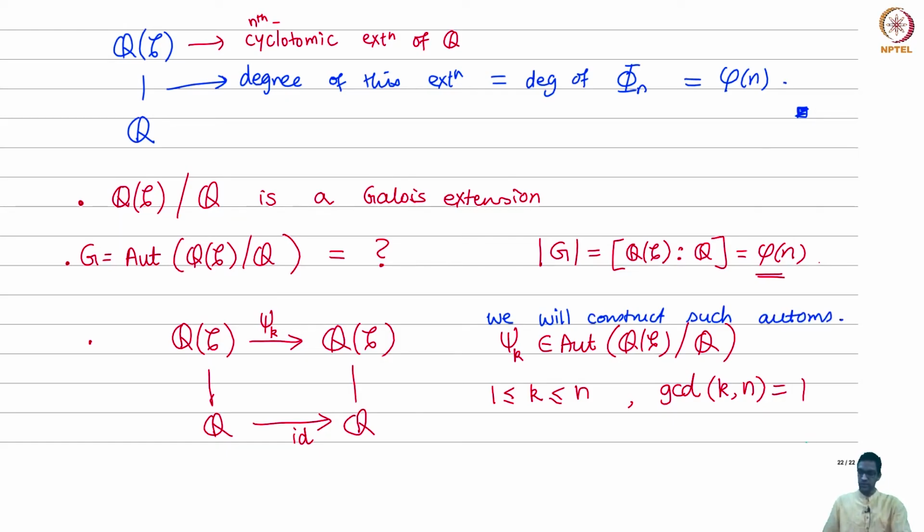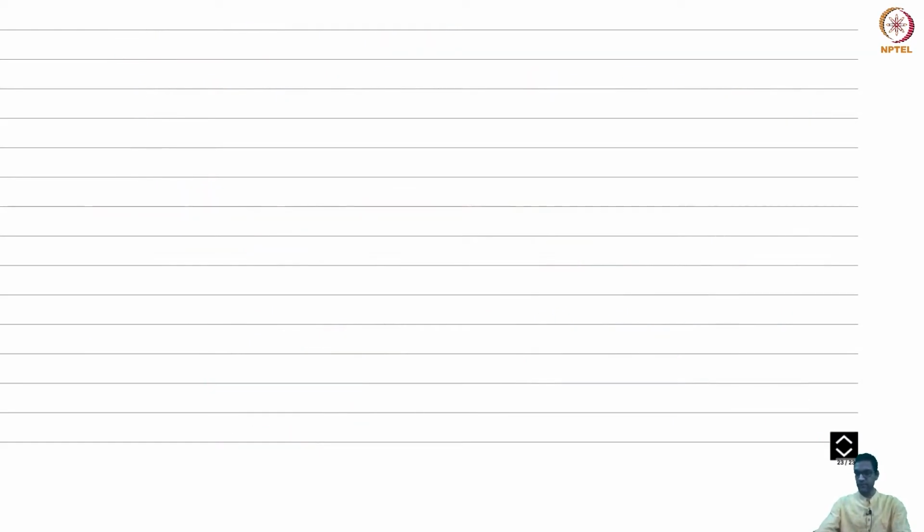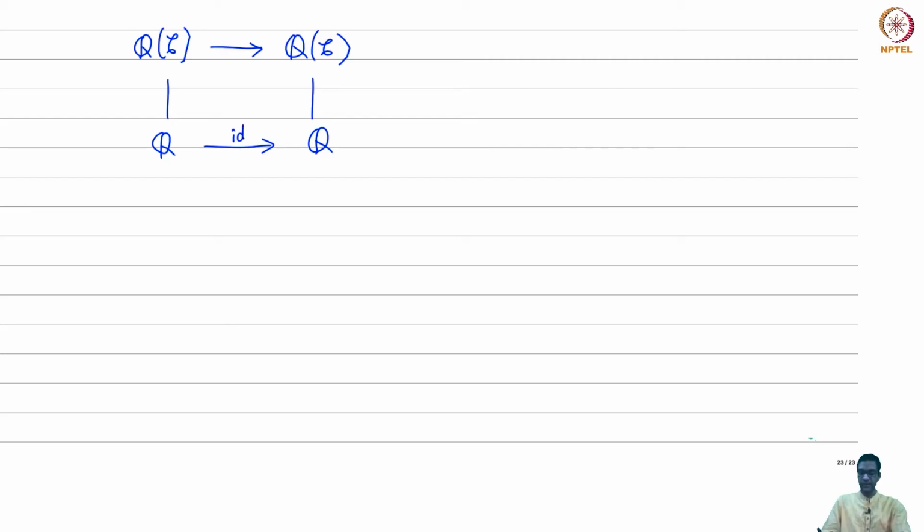So how does one do this? We already have the various ingredients required to construct such a map. Recall from what we have done before that when I have this extension Q(zeta), an automorphism is uniquely identified once I know it is the identity on Q and I say what zeta maps to.